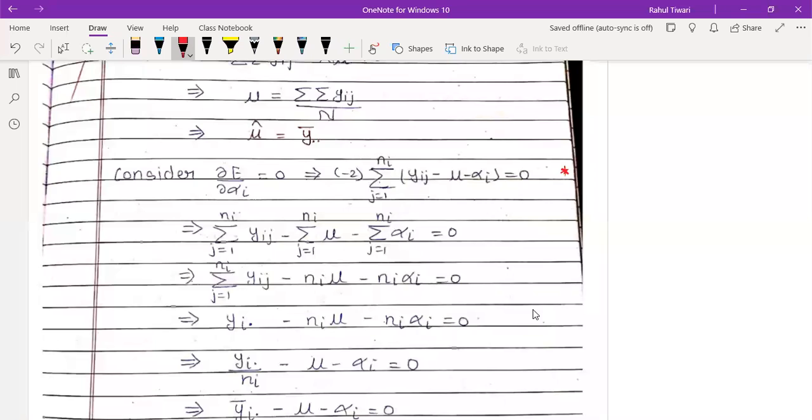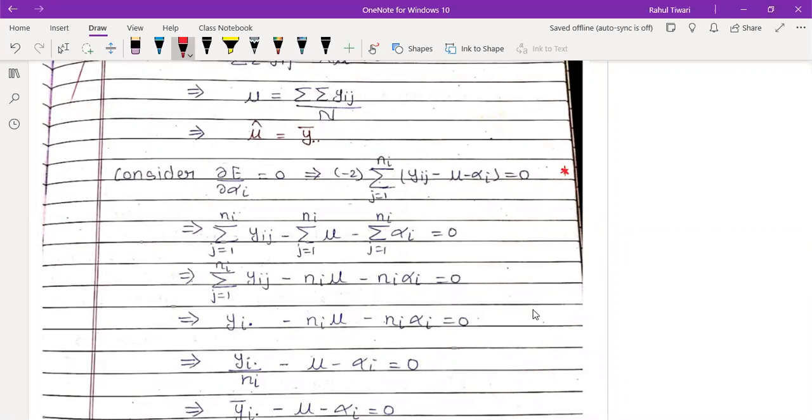Again, minus 2 times, because taking the derivative of alpha i will give -1. Then put the summation inside everywhere. So summation ij, summation mu, I'll just open the bracket. So again, what is this? It's a constant, n_i. Again the same concepts. So n_i alpha equal to this.